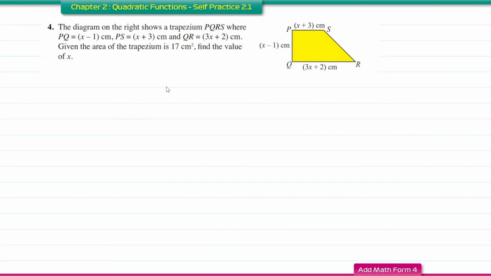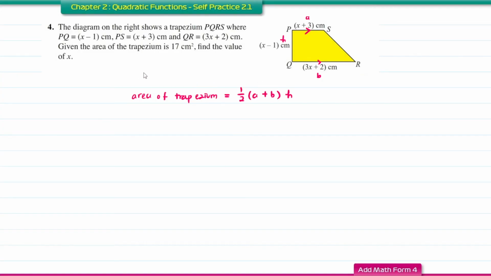So to find the area of the trapezium, we're going to use the formula 1/2 multiply (A plus B) times H. A and B refer to the parallel sides in the trapezium. In this case, the parallel sides are PS and QR. So PS we can label as A, QR we can label as B, and H is the height of the trapezium, in this case which is PQ.